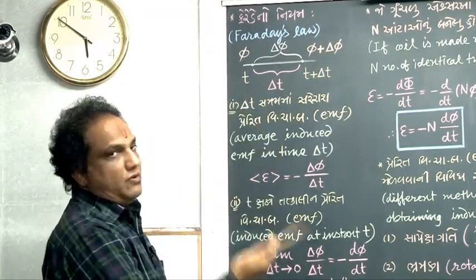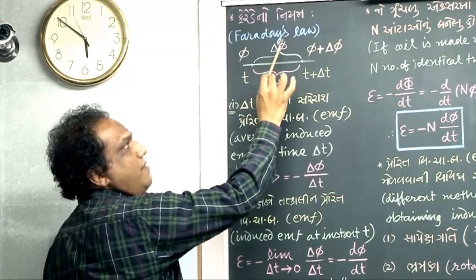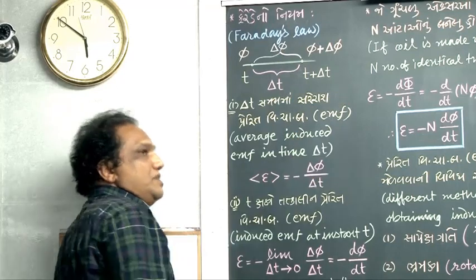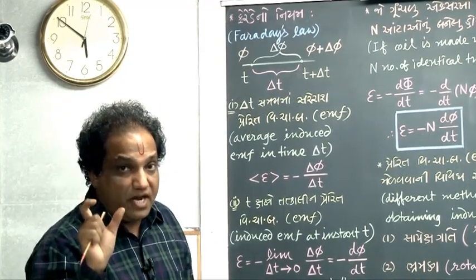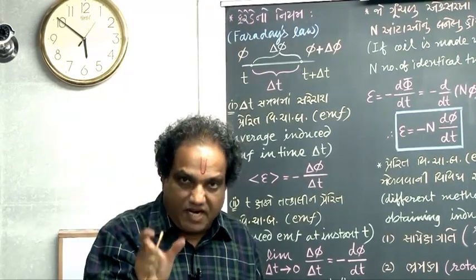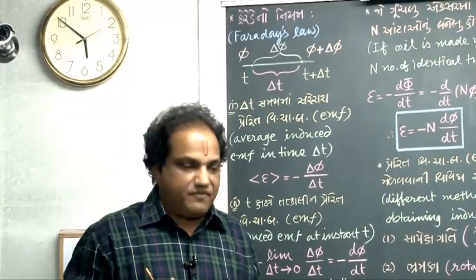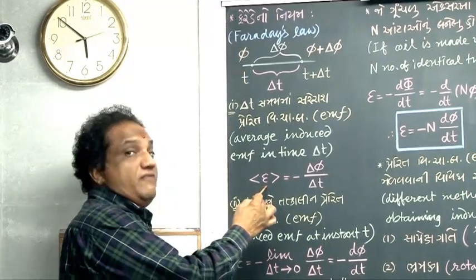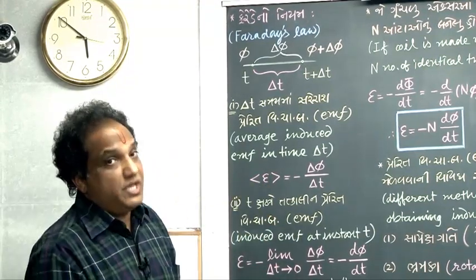Fine. Now tell me, in this much time there is a change in magnetic flux by amount delta phi. Now you know, whenever there is a change in magnetic flux, we are going to get induced EMF. Now if you measure that induced EMF in a time interval, we will call it average induced EMF, and that is shown by symbol average of capital E. And how much is this average induced EMF?